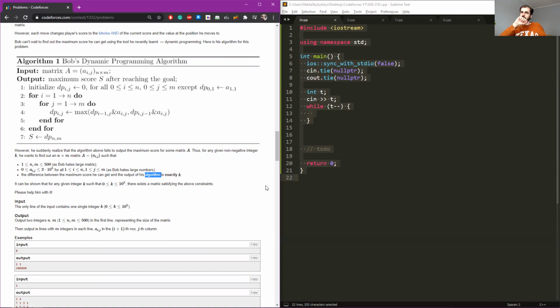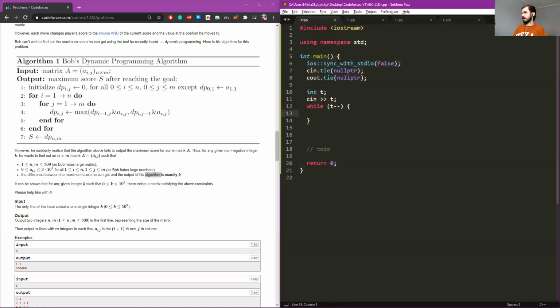So here, this algorithm is clearly suboptimal and wants to find the difference when the difference is exactly k. What the heck?